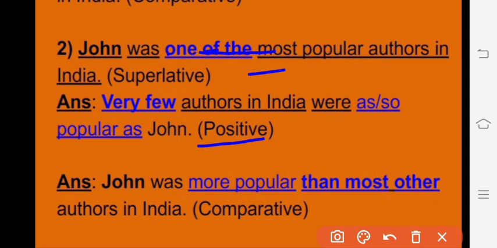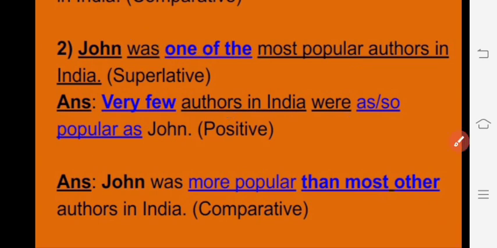Now the object goes to the subject place and the subject goes to the object place. So very few authors in India, and since the sentence is in past tense, we apply were. Very few authors in India were as popular as or so popular as John. It is called positive degree.